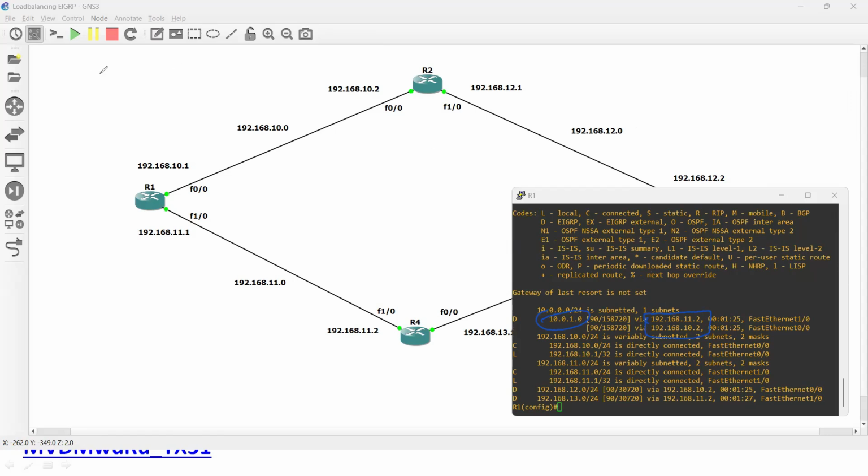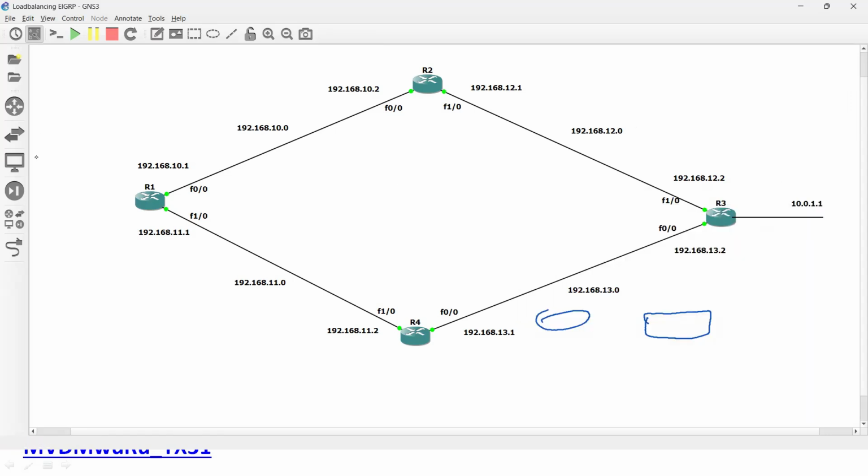So there are two different paths to reach it. Here we can see that 192.168.10.2 is over here and 192.168.11.2 is over here. Both of these can be seen in the routing table via R1.